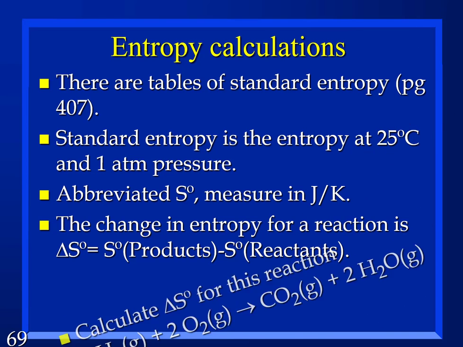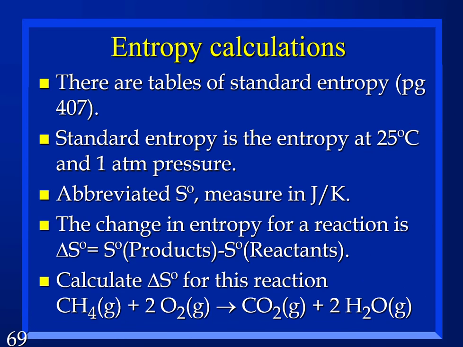Okay? So if I wanted to calculate the standard entropy for this reaction, CH4 plus 2O2 makes CO2 plus 2H2O gas, the one from the flame coming out of the Bunsen burner. Yesterday we learned how to predict.